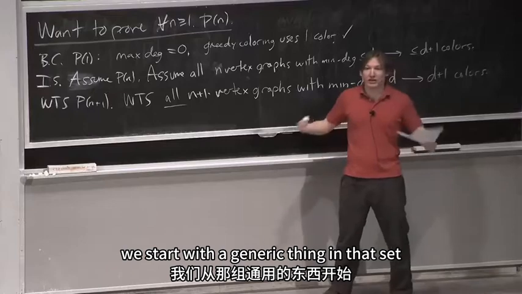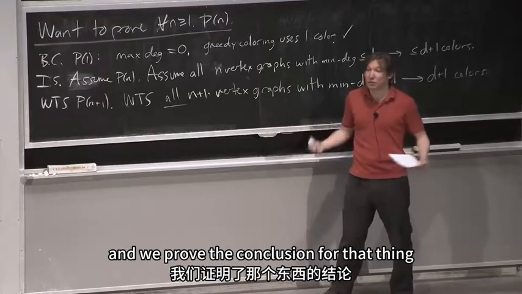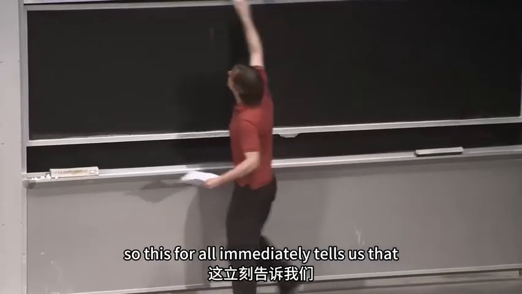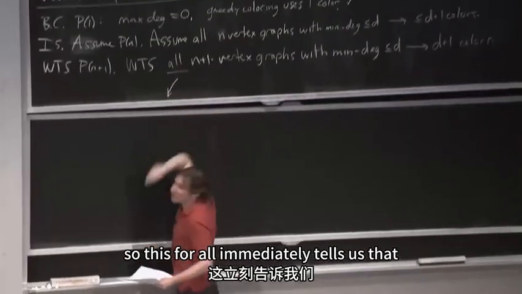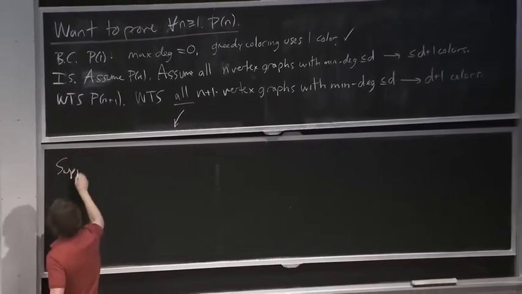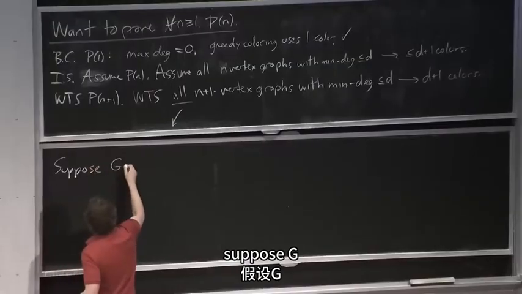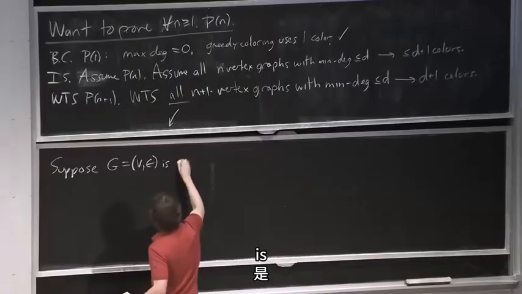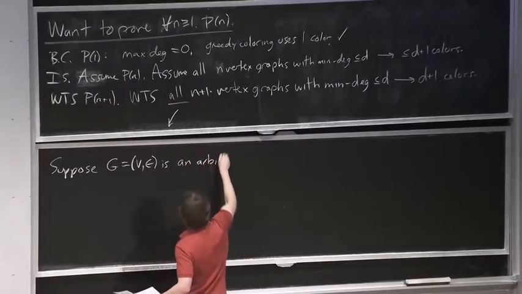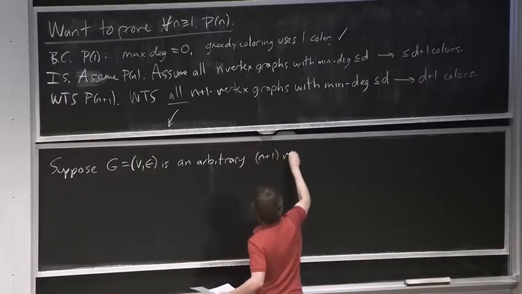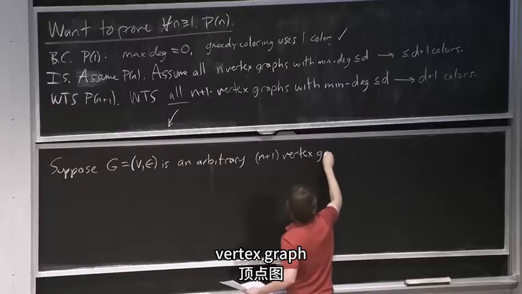We start with a generic thing in that set, and we prove the conclusion for that thing. So this for all immediately tells us that the next line of our proof should probably look something like this. Suppose G is an arbitrary n plus 1 vertex graph.